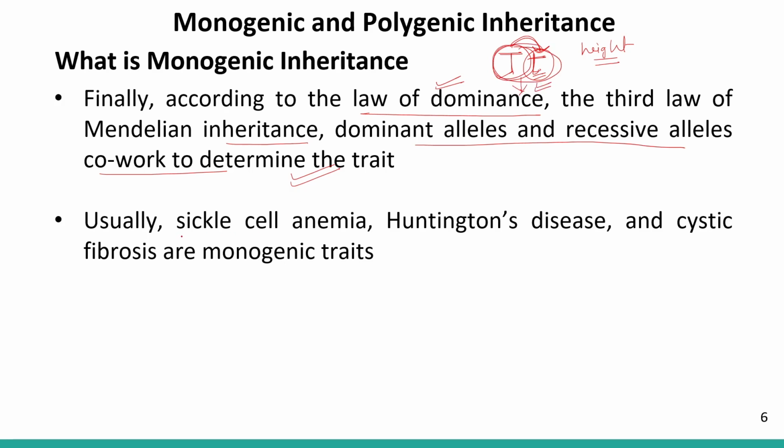Usually sickle cell anemia, Huntington's disease and cystic fibrosis are monogenic traits. These are the diseases that show monogenic traits. So we have seen that monogenic inheritance can be explained with the help of Mendelian inheritance, right? Because only one character is determined by one single gene.